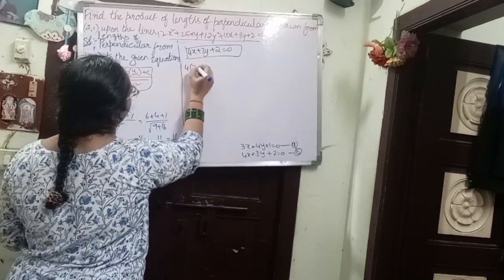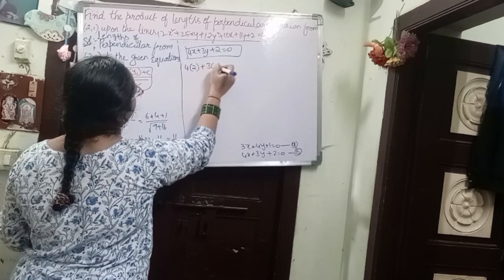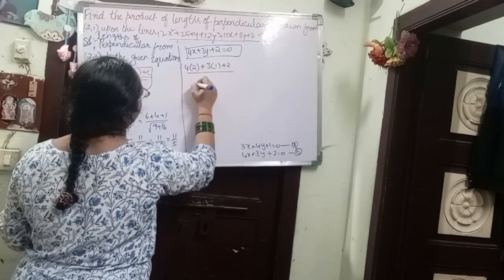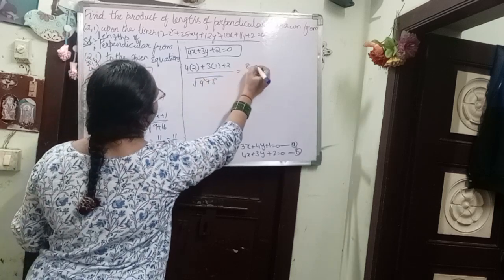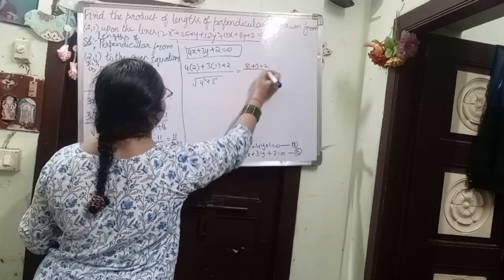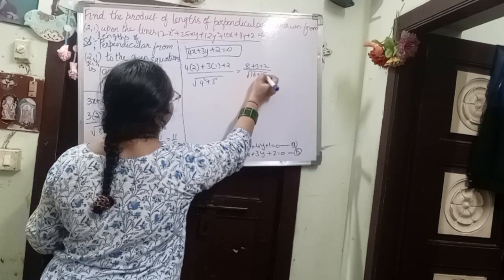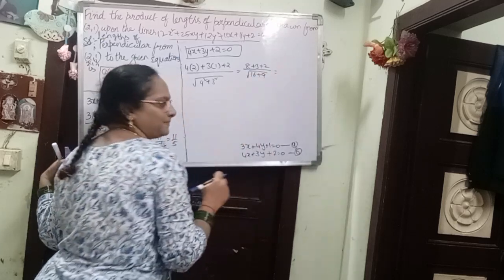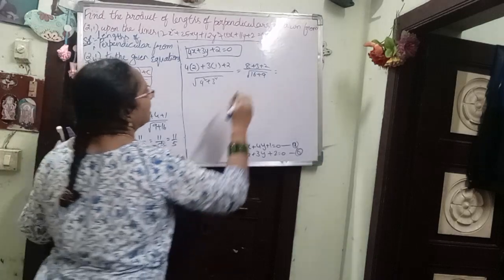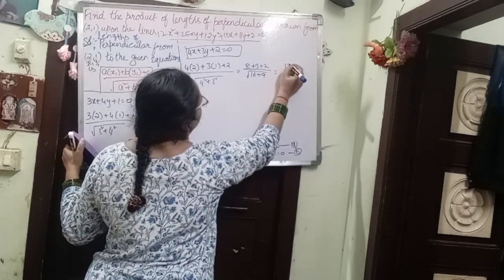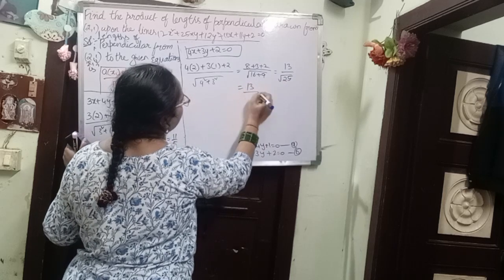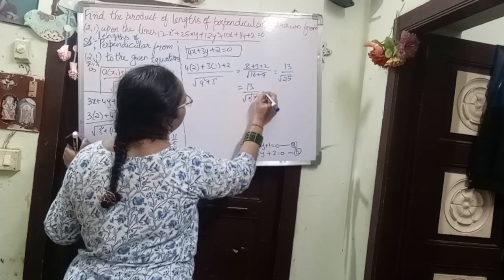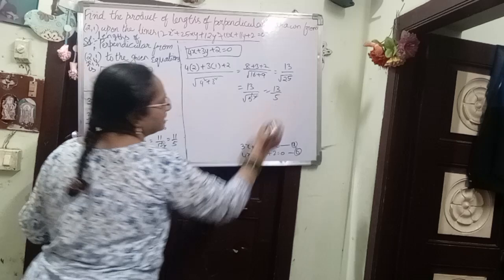So 4 into 2 plus 3 into 1 plus 2 by root of 4 square plus 3 square, which equals 8 plus 3 plus 2 by root 16 plus 9. 8 plus 3 is 11, 11 plus 2 is 13, by root 25, which equals 13 by root 5 square. The square root gets cancelled and you will get 13 by 5.